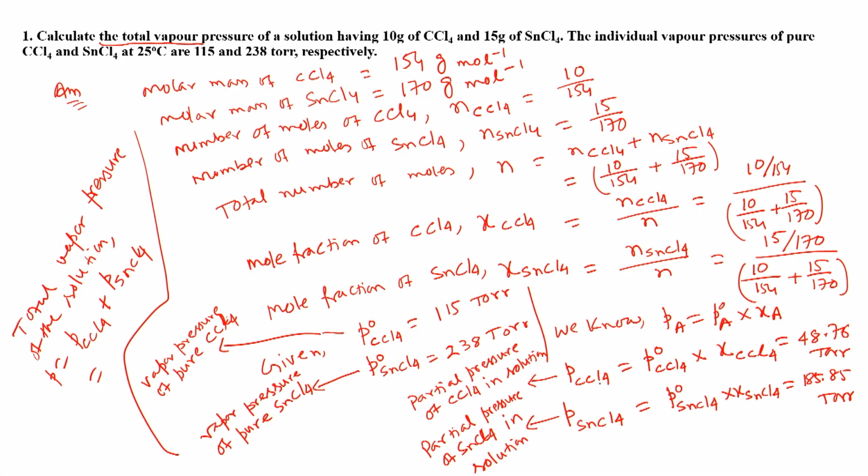We already have the values of P CCl4 and P SnCl4. So if we substitute, we put 48.76 plus 185.85, and if we add them, we get 234.61 torr. So this is the answer.